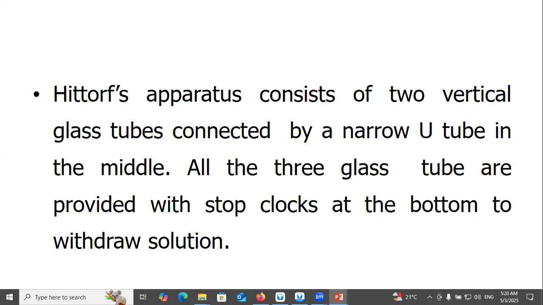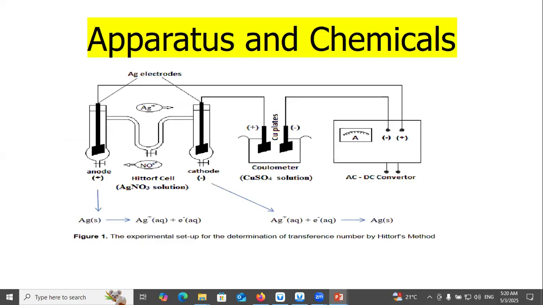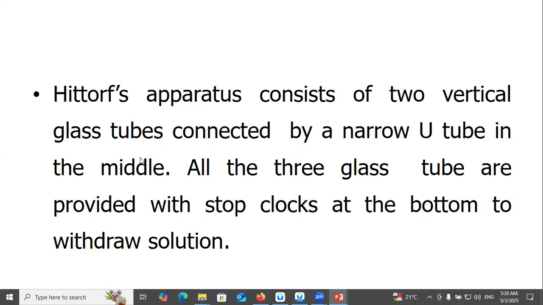All three glass tubes are provided with a stopcock at the bottom to withdraw solution.